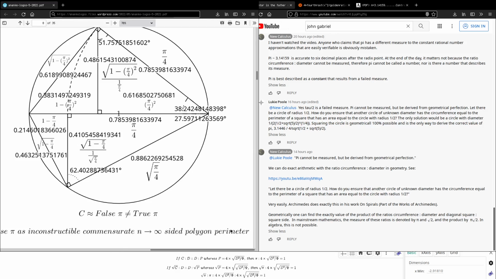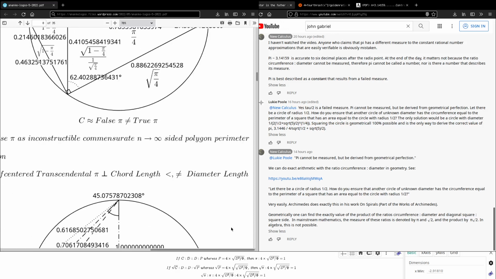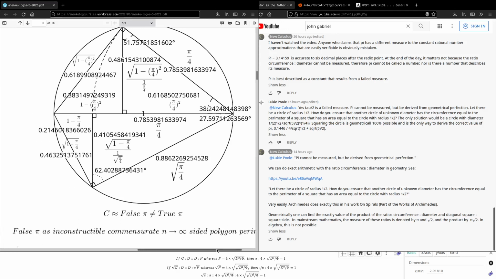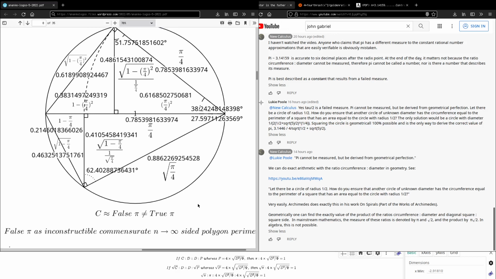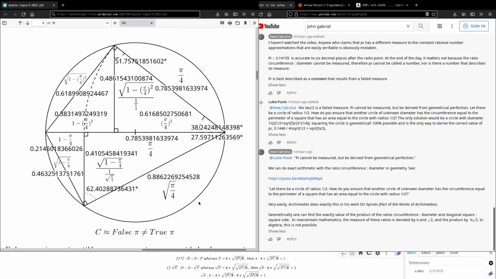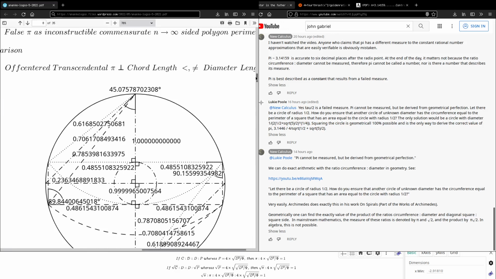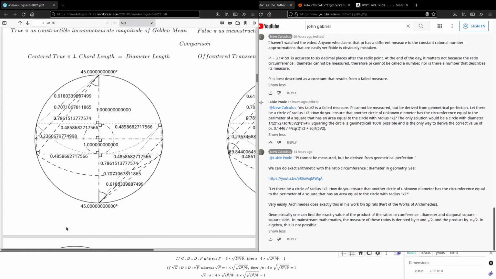infinite-sided polygon perimeter, which is kind of ironic that someone that really hates infinity uses a false approximation method using infinity when I don't even do that, which, yeah, kind of a disappointment in a sense that people like John Gabriel didn't quite understand what's going on.